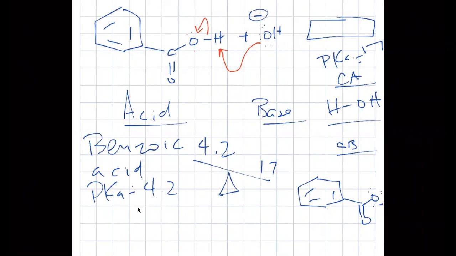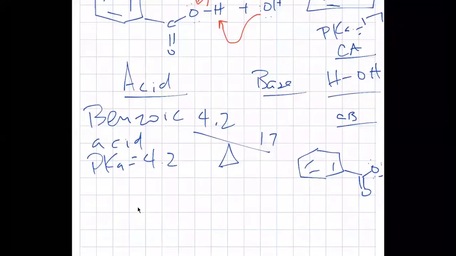Now, the last part of the problem. Let me put the equilibrium arrows in here. The last part of the problem is going to ask how much more acidic benzoic acid is compared to water. How do we figure that out? Subtract the pKa's.